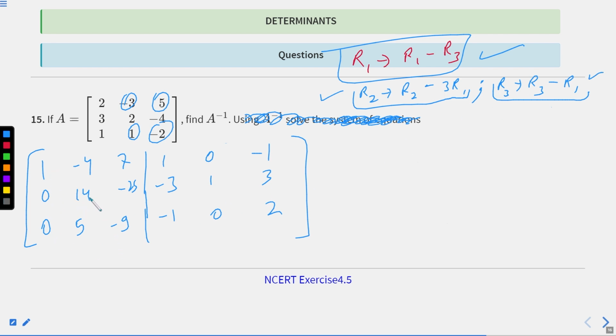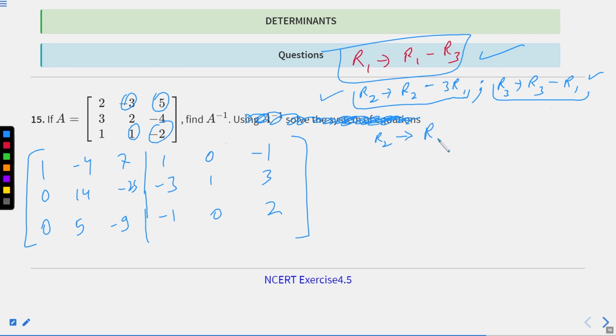Now I want this to be 1. So divide R2 by what? I want just 1 here. One thing is that I can do this, so I will get 1, but I'm not performing this.